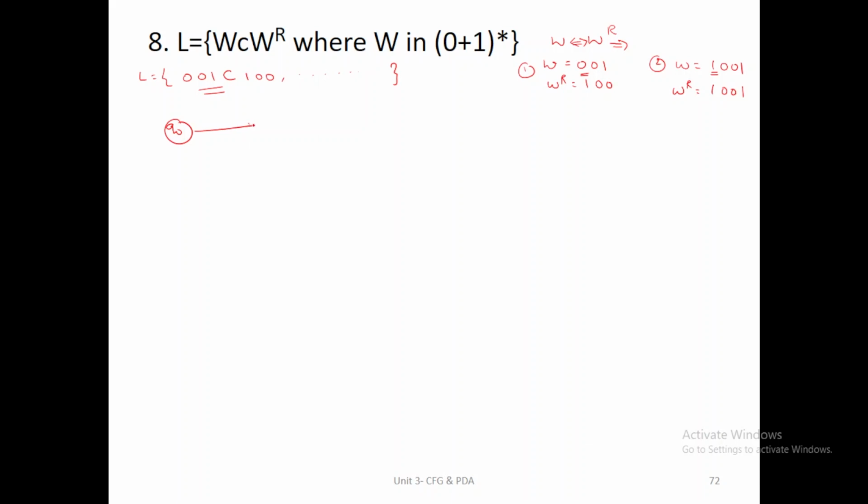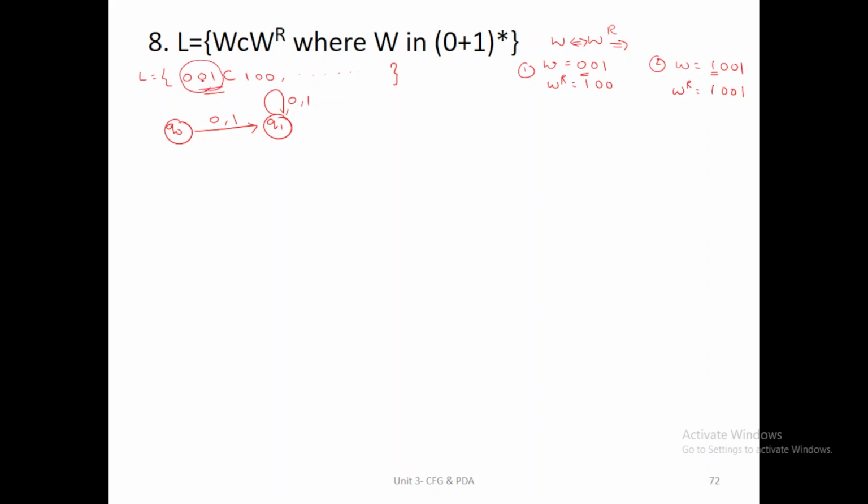So if Q0 reads 0 or 1, it will automatically go to Q1 state. We don't know whether 0 or 1 occurred as the first symbol on the tape. Then after that, if you are reading 0 or 1 any time, you should stay in Q1 state.